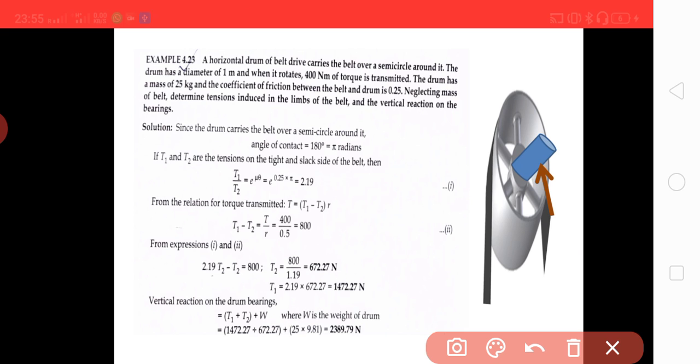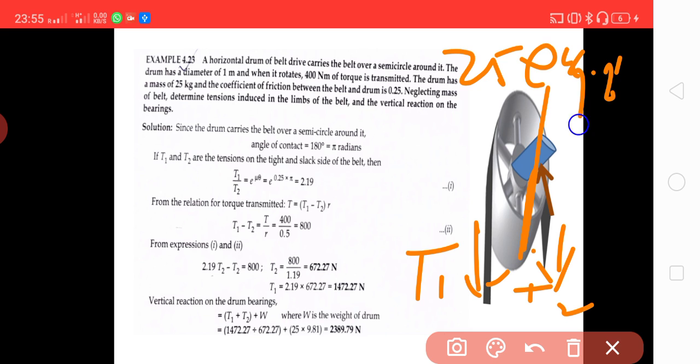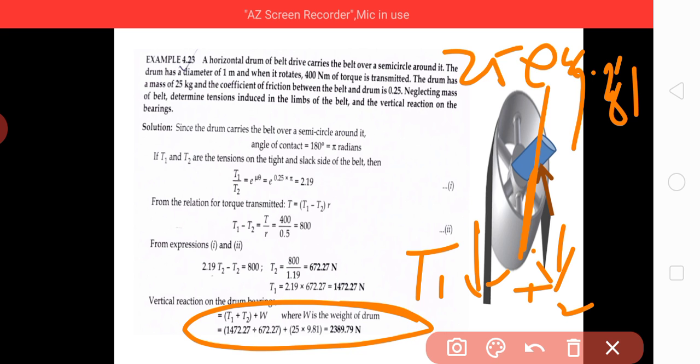Say this is the tight side, tension T1, this is the slack side, tension T2, plus the weight of the drum, that is 25 kg or 25 into 9.81 Newton. So this will be the total reaction at the bearings.